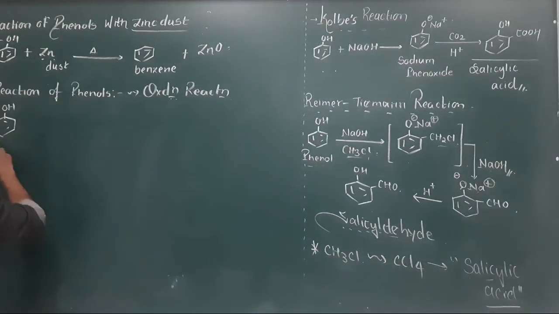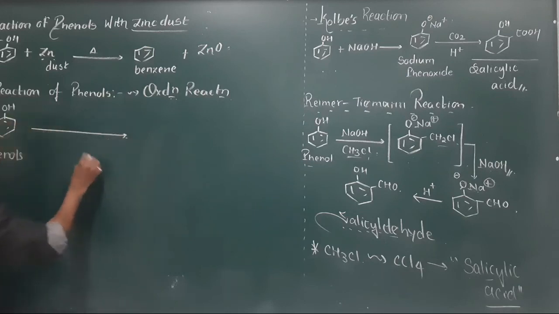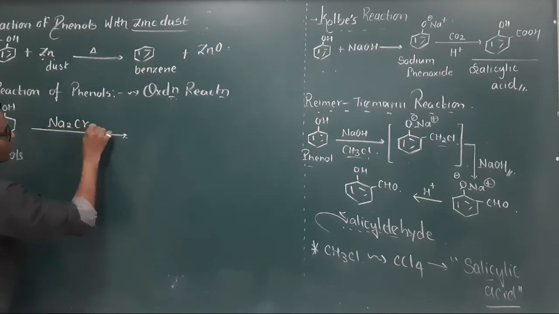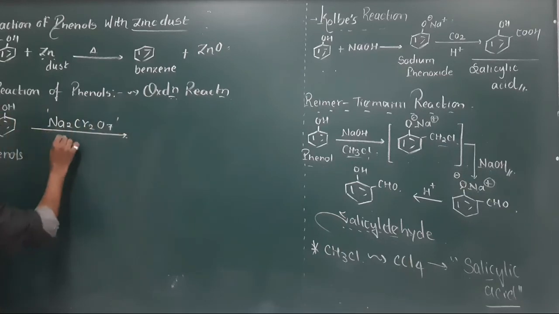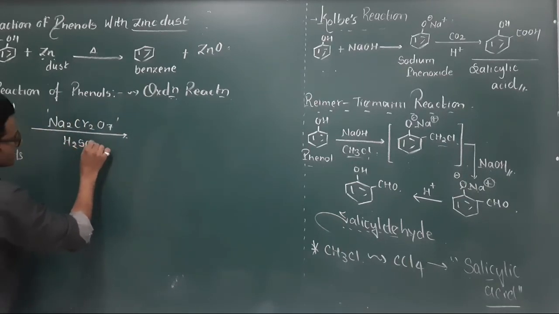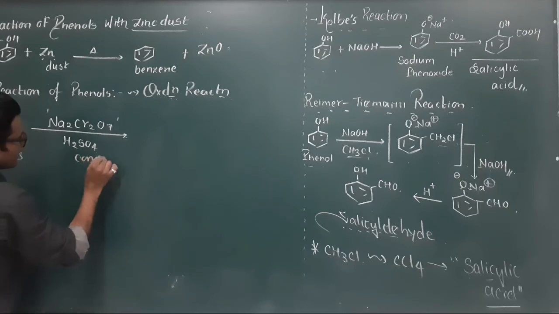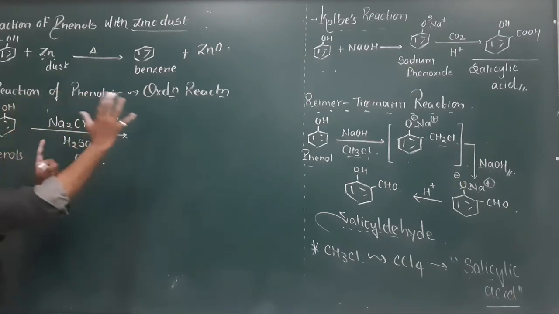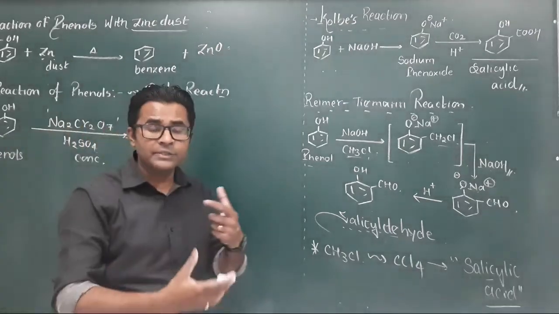So when we react the phenols with Na2Cr2O7, sodium dichromate, in the presence of concentrated sulfuric acid, the phenols get converted into diketones.